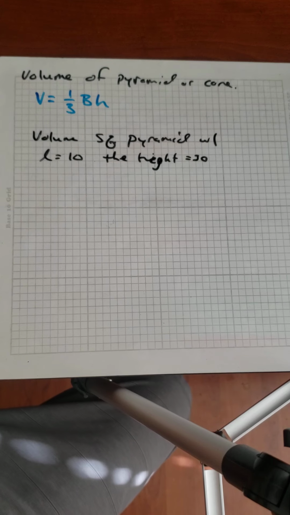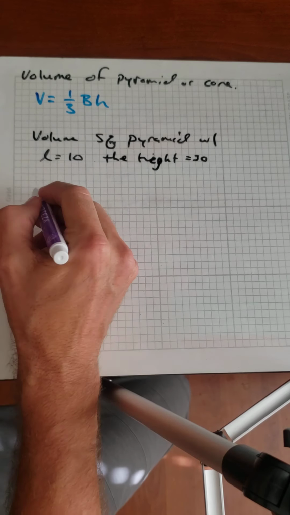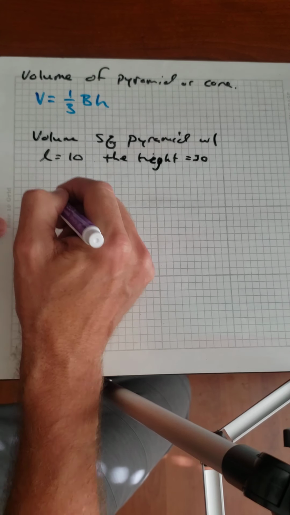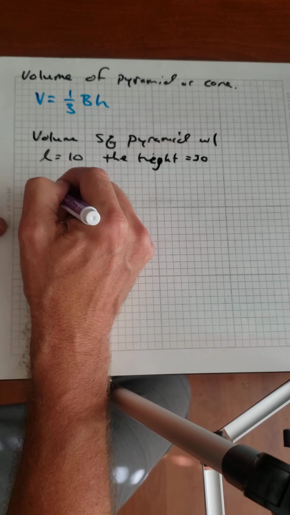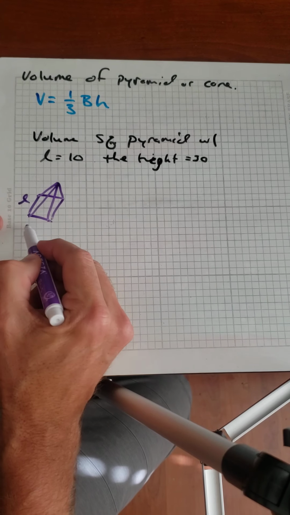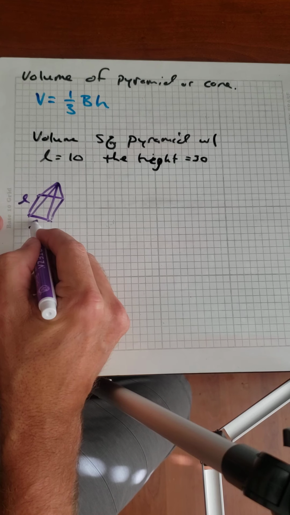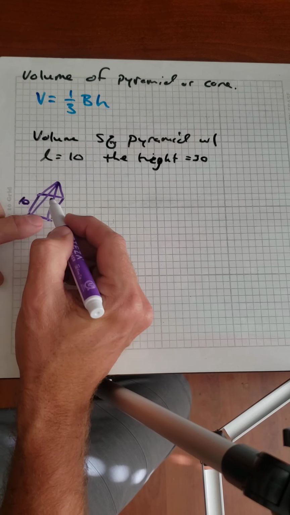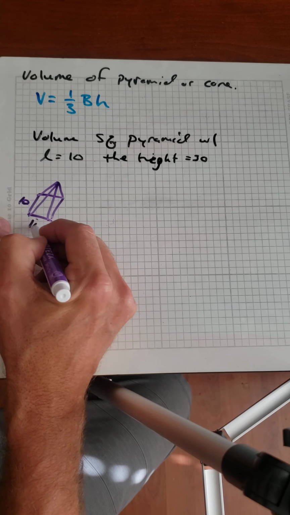So I'm going to go ahead and just quickly draw what I'm looking at here. So if I have a square pyramid, it looks like that. And since it's a square and the length is 10, then the width is also 10.